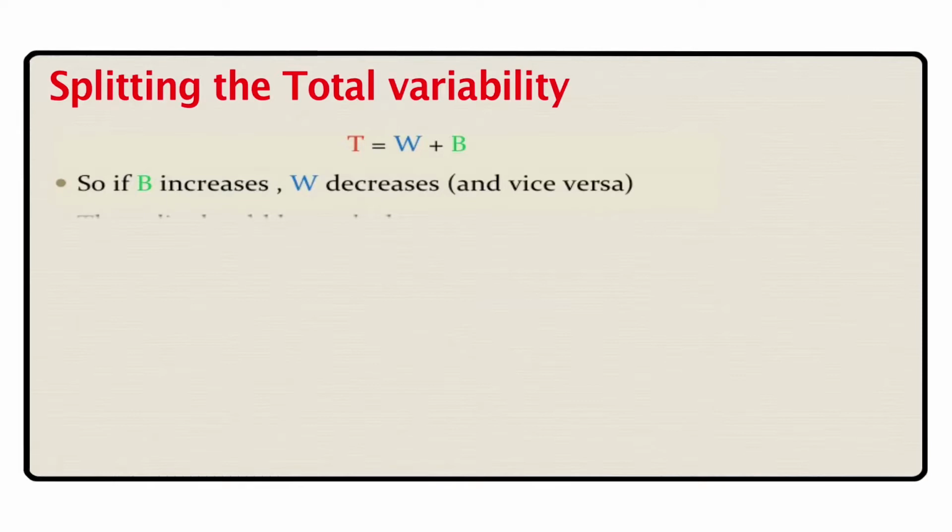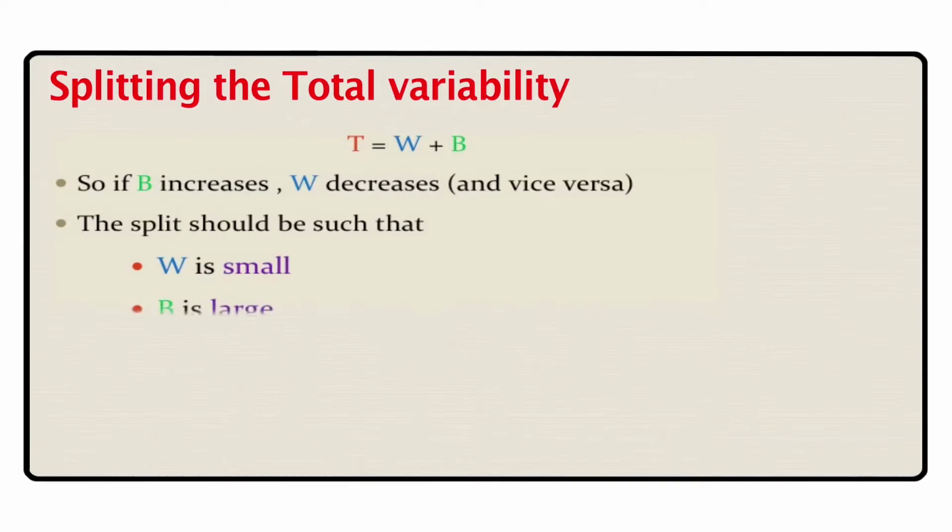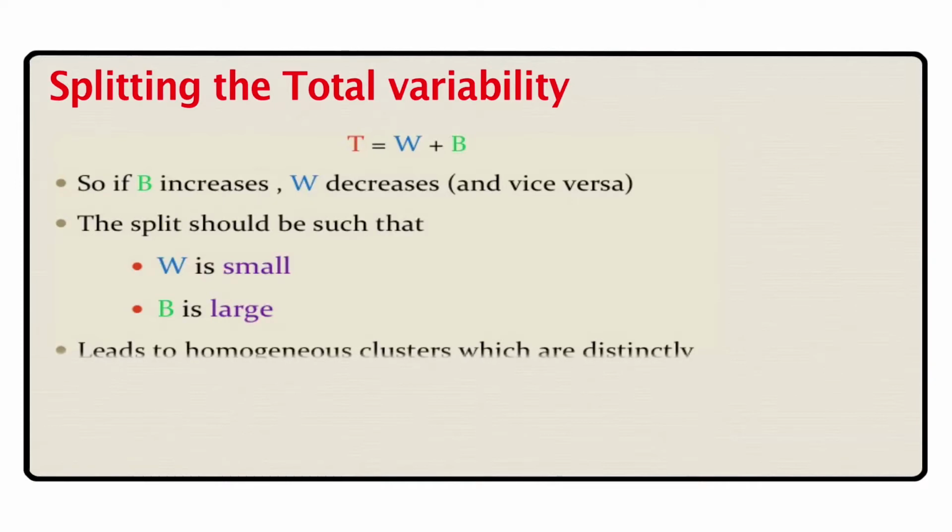So it's obvious that if B increases, then W will decrease and vice versa. So what we do here is we should split in such a manner that W is small and B is large. What does this mean? The first means that W small, within cluster variability is small, that is, the cluster is homogeneous.